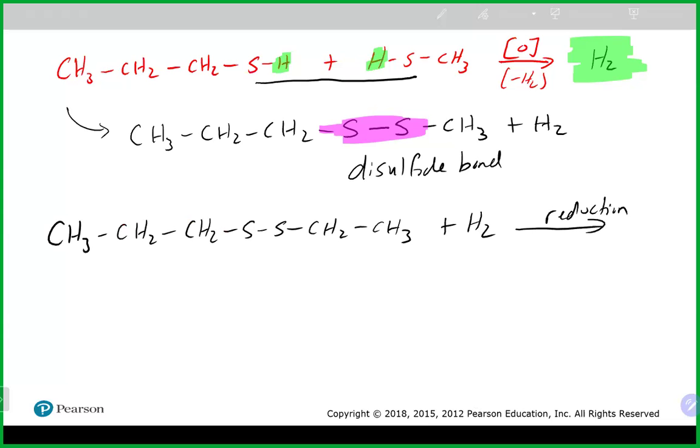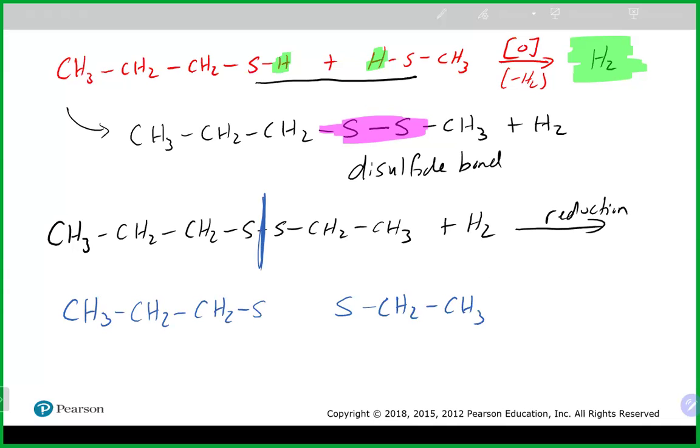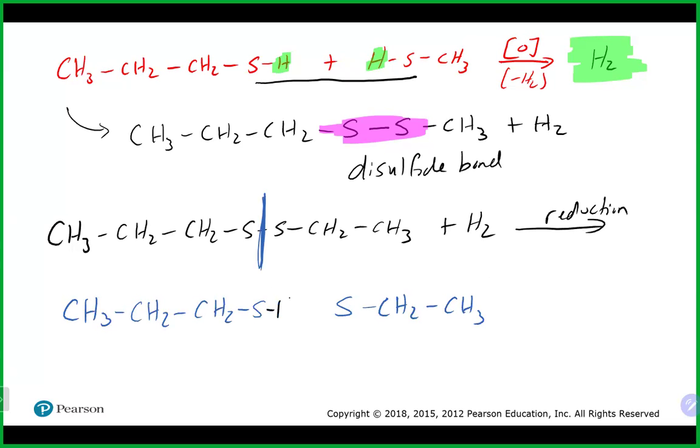Now, clearly, if we connect these two at the sulfurs, where we put them back on is we break them back apart from the sulfurs. And basically, you get this guy here on the left. And you get this guy on the right. And basically, all you have to do is just pop a hydrogen on each of them there. And now you have basically your thiols back.